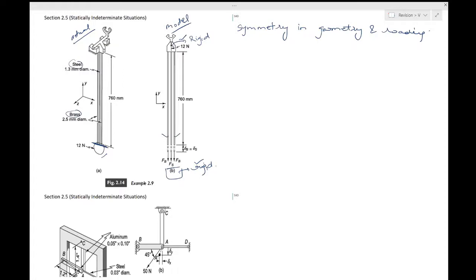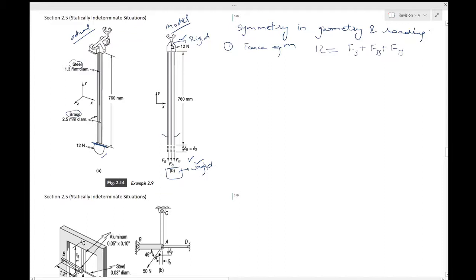Okay, so that's what we do now. We'll start with the three steps of equation 2.1, which was the force equilibrium, and you will balance the forces in the y direction. That would be 12 equal to Fs plus Fb plus Fb.